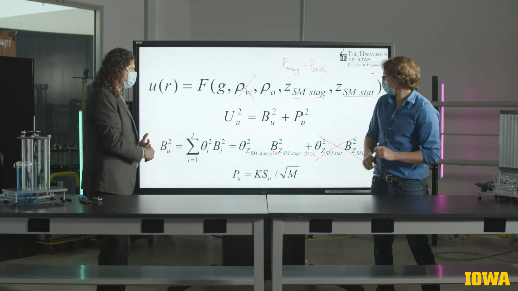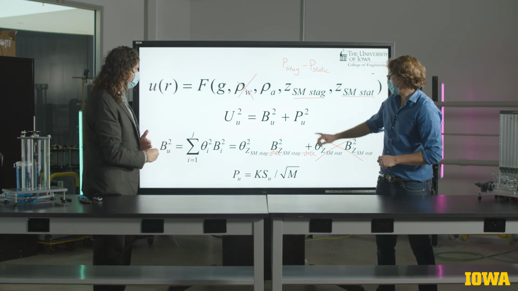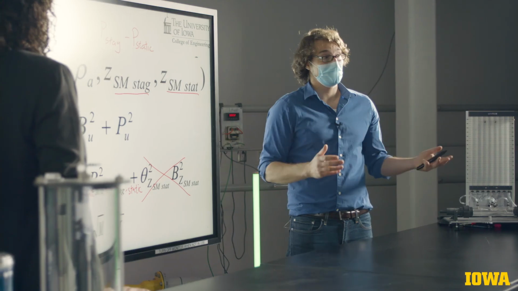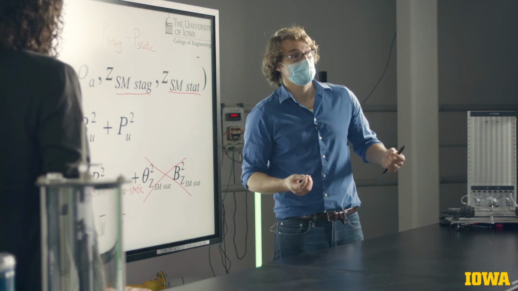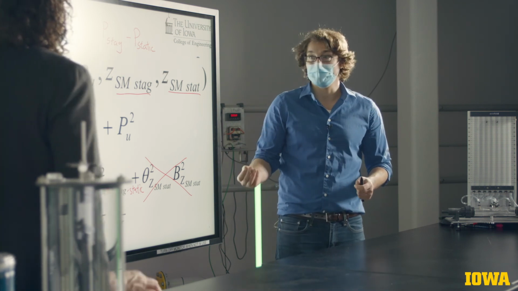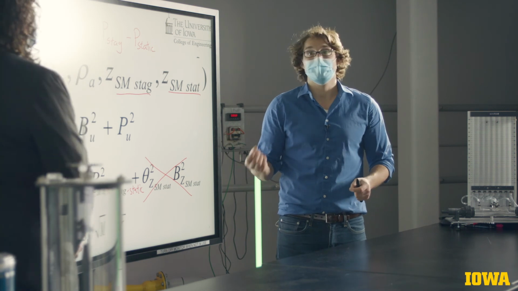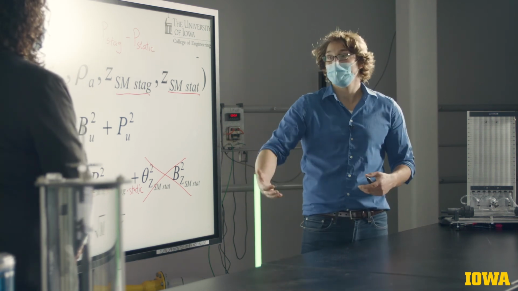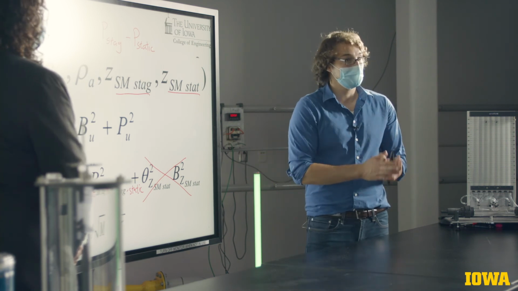Before you go on to the next slide, though, we need to mention that the precision limit is not treated quite the same way. You remember that when we did the sphere drop experiment, we decided it was easier to look at the scatter in the reduced data rather than trying to propagate the elemental precision uncertainties through our data reduction equations. The same thing applies here.